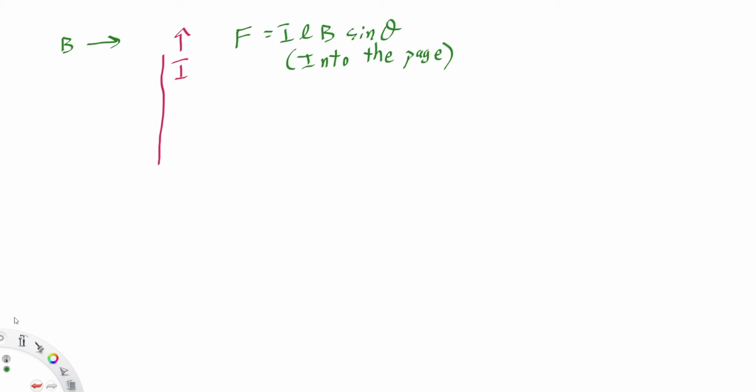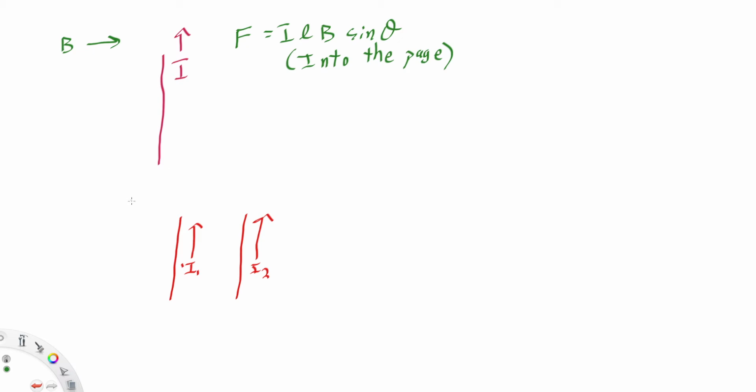But what if we have two wires? Right, so we have one wire next to another wire, which we might have if we've got a circuit, right? And we're carrying current through the circuit to do various things, and we just happen to have two wires that stray near each other. So in this case, we're going to have a B field. Let's see, we'll call this 1 and 2.